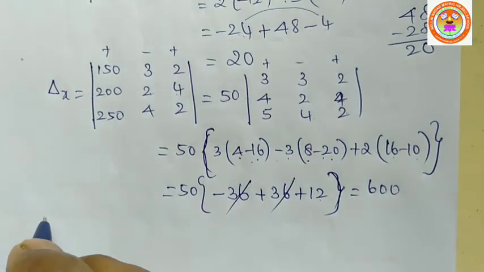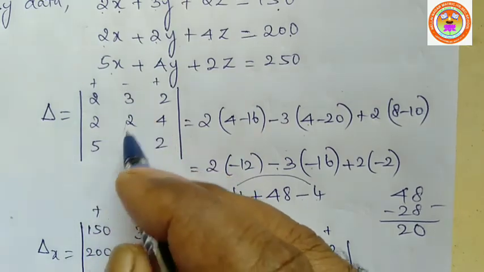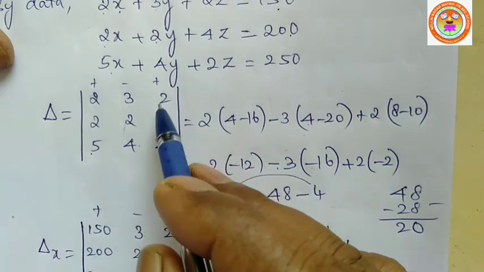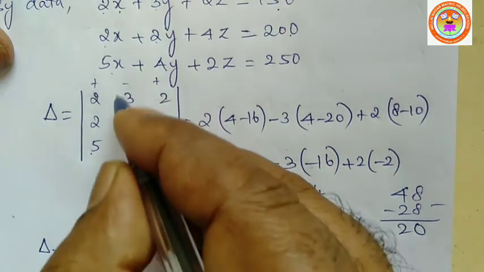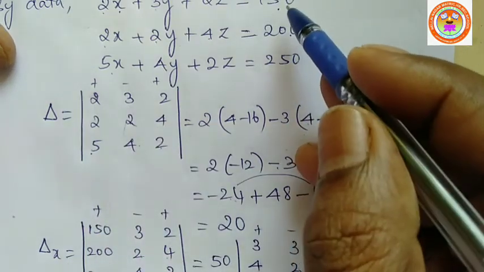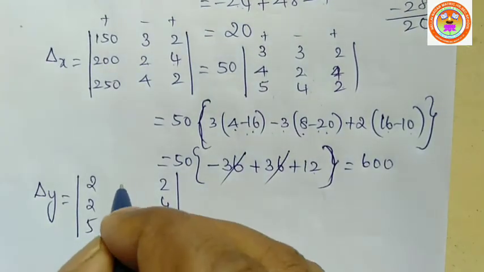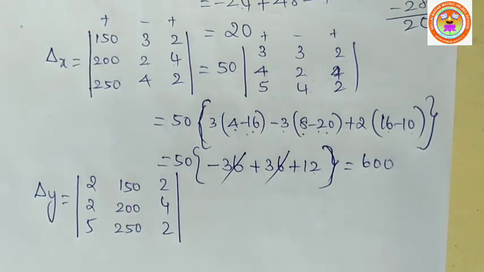Now delta y. Delta y is obtained from delta by replacing the second column by the constant terms. That means the first column elements and the third column elements remain the same. So 2, 2, 5, 2, 4, 2. Now the second column elements are the constant terms, that is 150, 200 and 250. Here also we are going to take 50 outside.